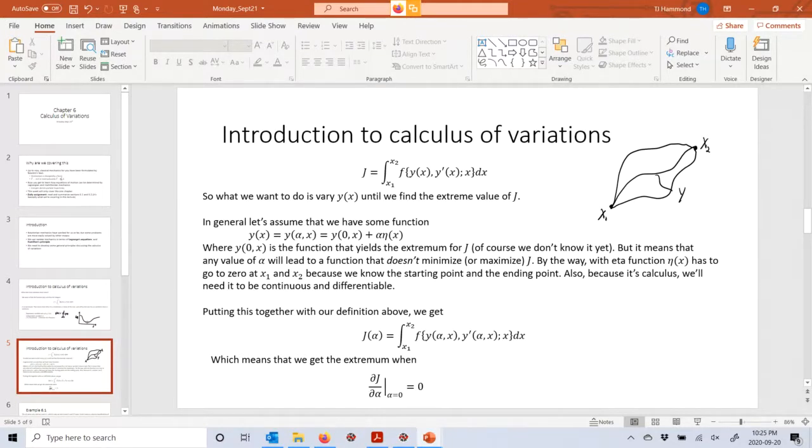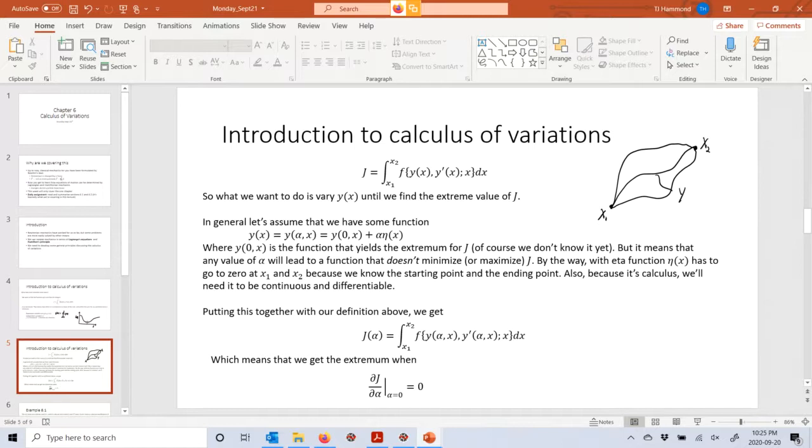The only constraint that we put on this function, eta, is that because we're going to be taking the derivatives, we need this function to be continuous and differentiable. So putting this together with our definition above, we have J as a function of alpha is going to be this integral from x1 to x2 of this function, which is now a function of y of alpha and x, and y prime of alpha and x, still with the independent variable x and integrating over x.